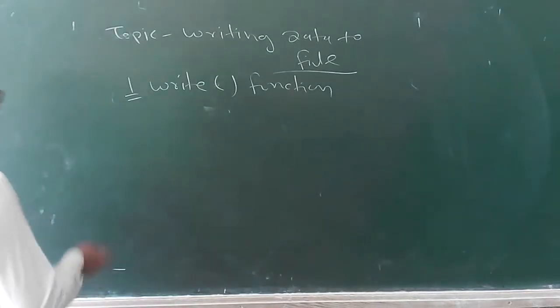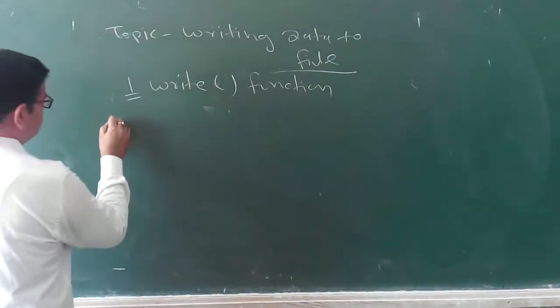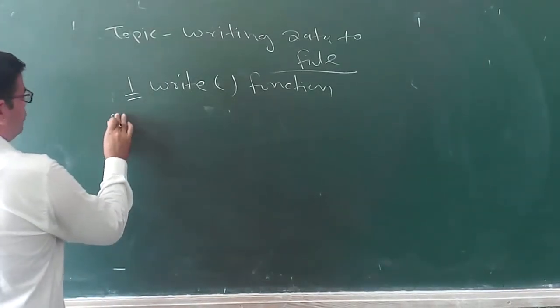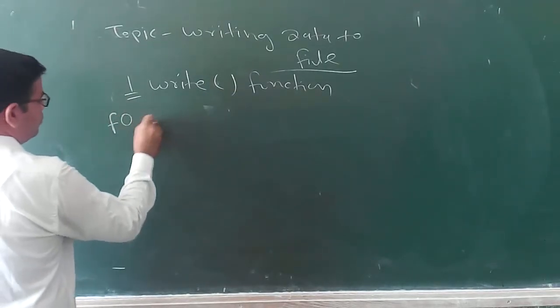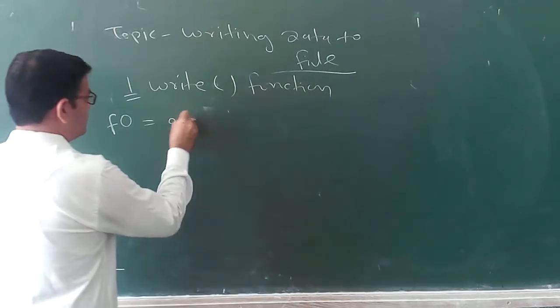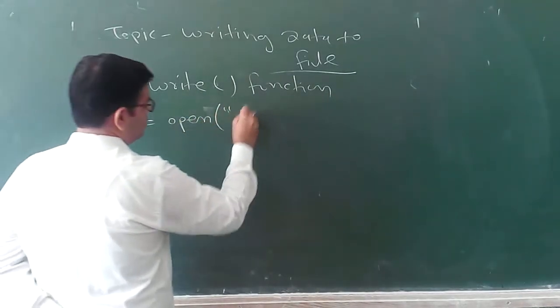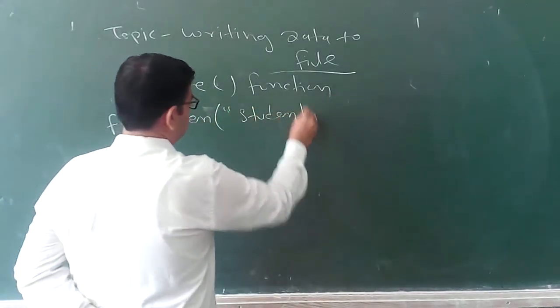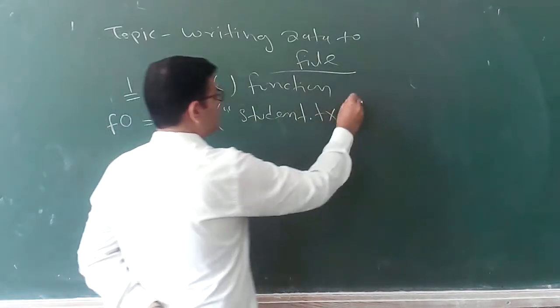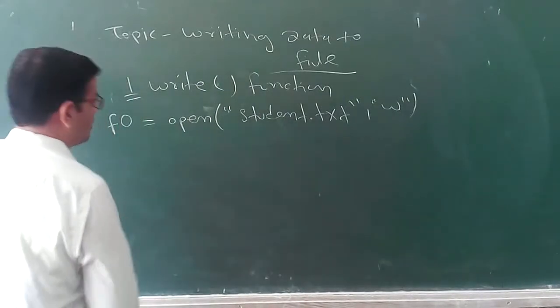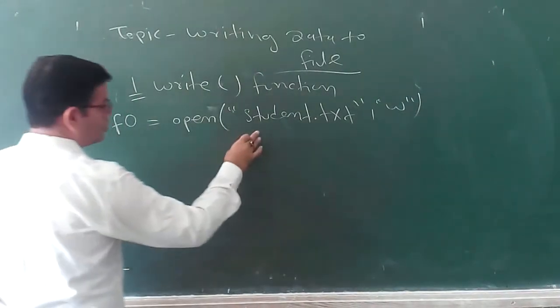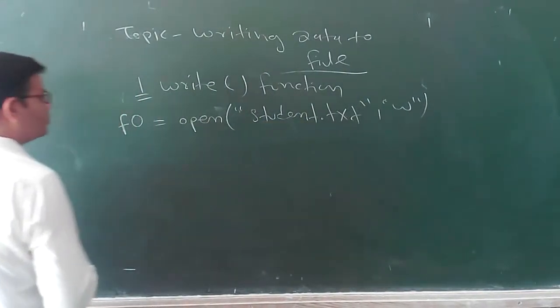For example, file object fo equals open student.txt in w mode. Now your file is opened in w mode.